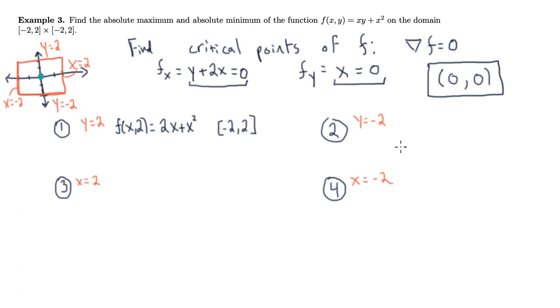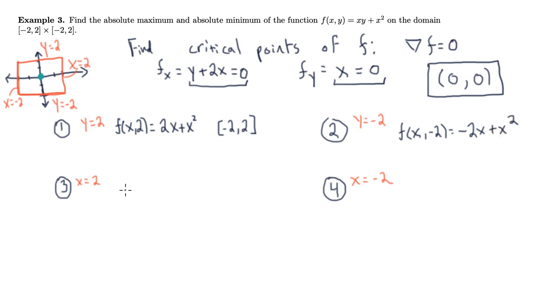Over here, when y is -2, this is going to be -2x plus x squared.